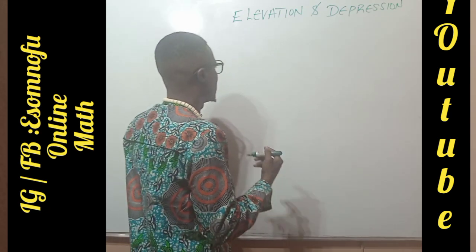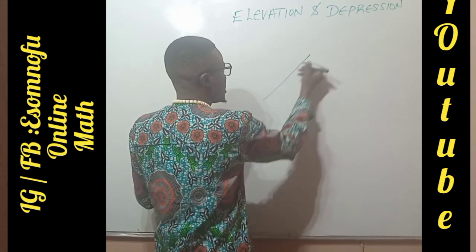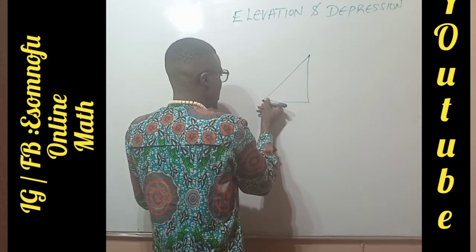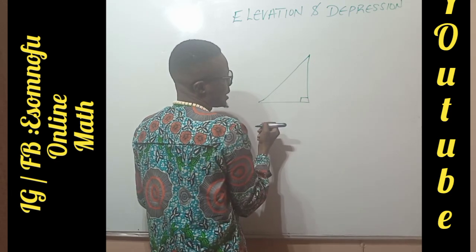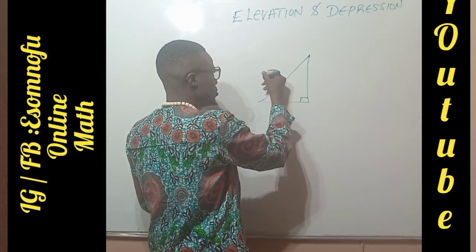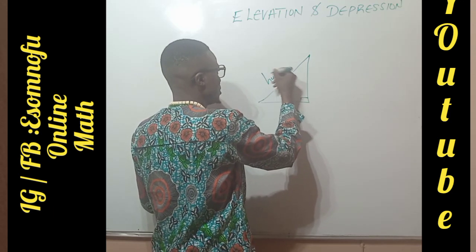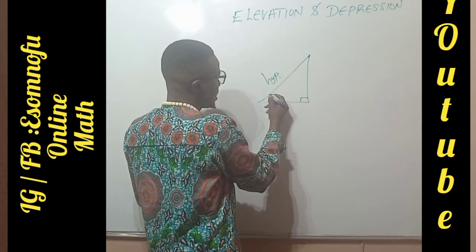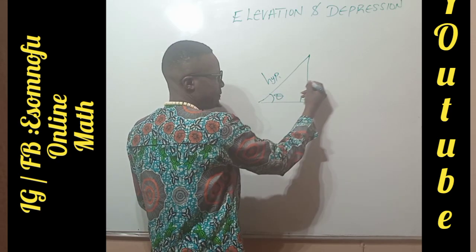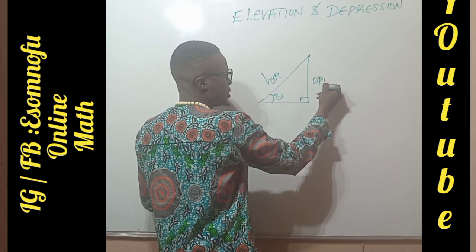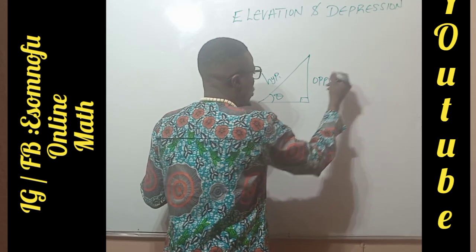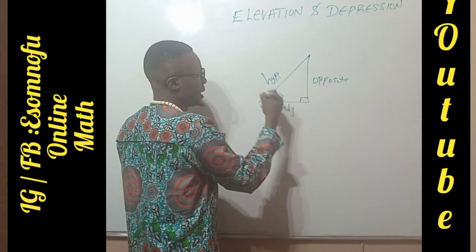Before we go to problem solving, please, I want you to understand this, that if you have a right angle triangle like this, this is the right angle. The side facing the right angle is known as the hypotenuse. Assuming there is an angle here, theta, the side facing my angle is known as the opposite to that angle, while the third side is adjacent to the angle.